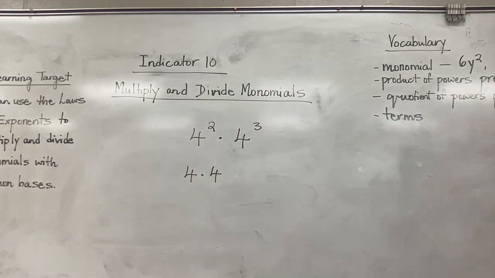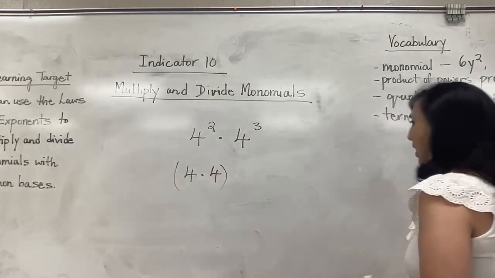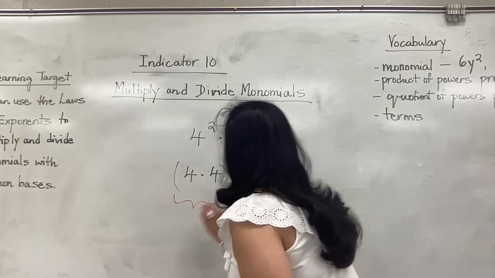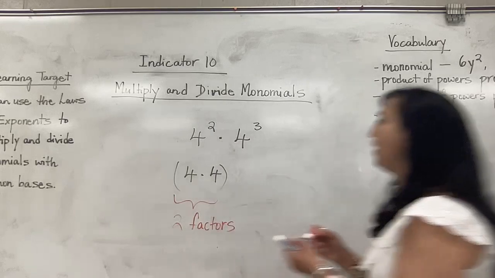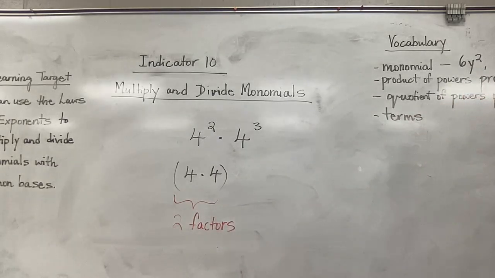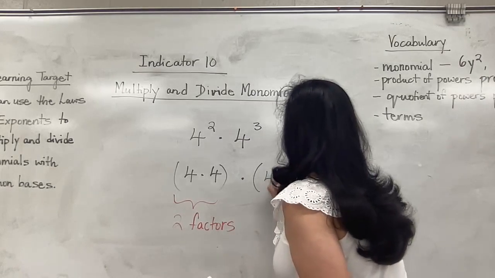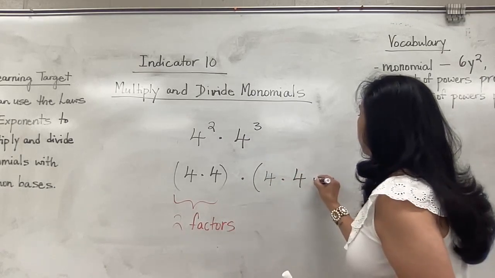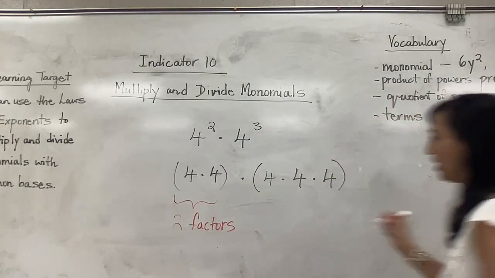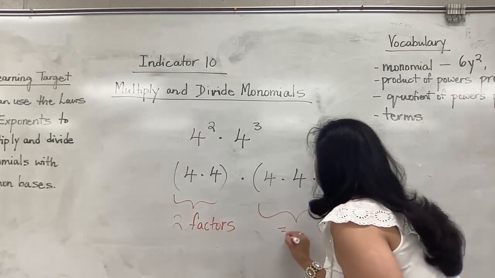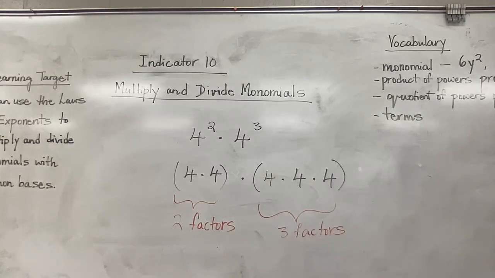So this is the first one, 4 times 4. I have my two factors, and then I have 4 cubed, which is 4 times 4 times 4. So how many factors do I have here? I have 3 factors over here.